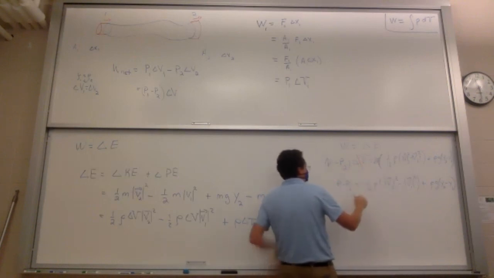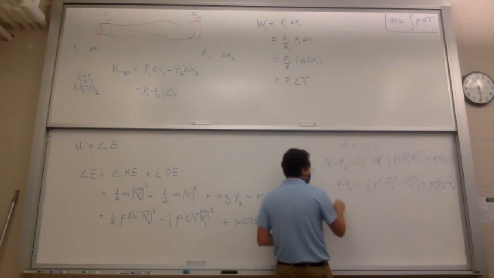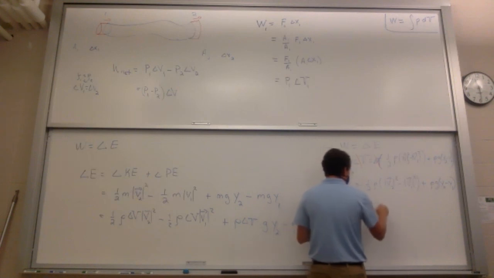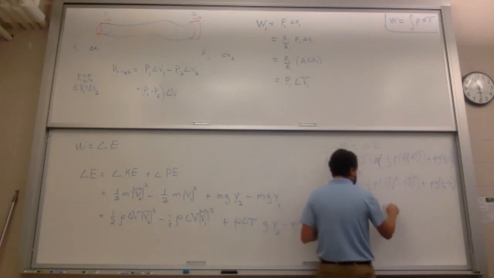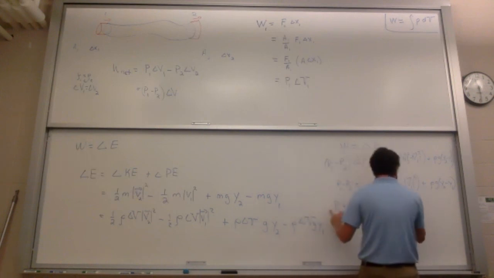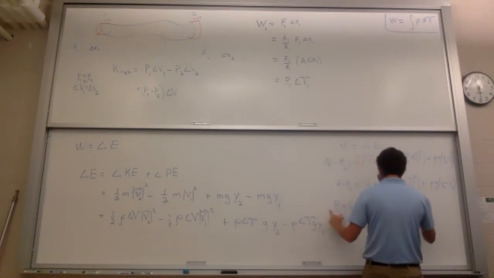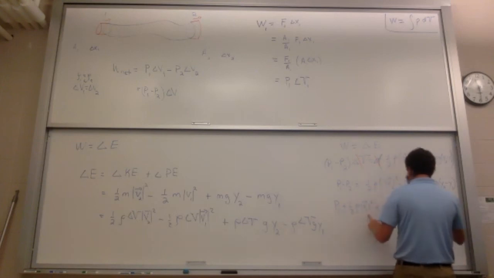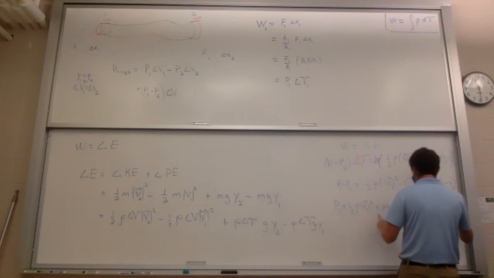So I could rewrite this, and this is the way I personally remember it: P1 plus 1/2 rho velocity 1 squared plus rho G height 1 equals P2 plus 1/2 rho times V2 squared plus rho G Y2.